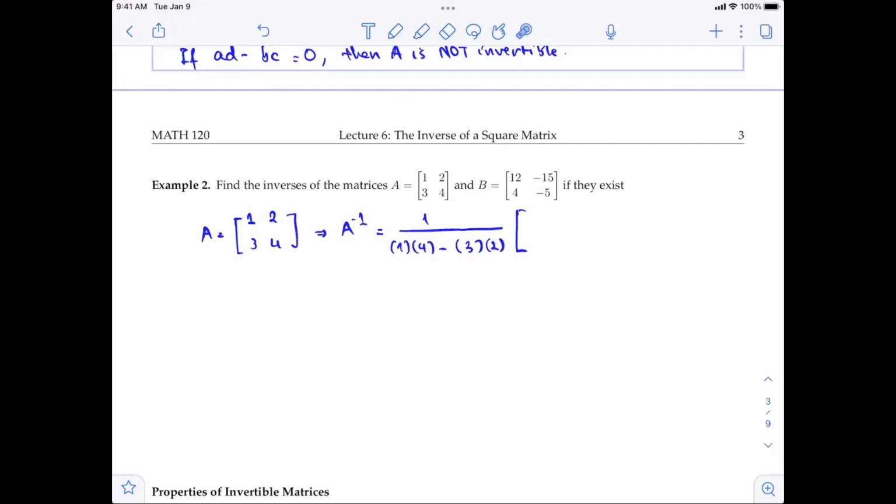So A and D get swapped, so you get 4, 1. And you put the negative for the values of B and C, so this is -2, -3. And a quick calculation for the denominator here gives us A inverse equal to 1 over negative, sorry, -1/2, right? Multiplied with 4, -2, -3, 1. So this is the inverse of A.